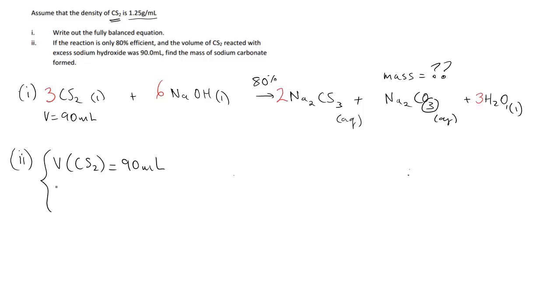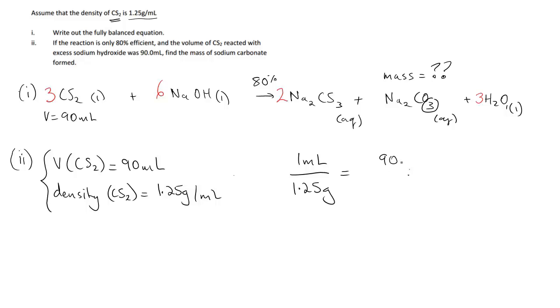And we also need to use the density of CS2, which is 1.25 gram per mL. And then the way we can use the densities, we can say that, okay, 1 mL of this solution weighs 1.25 grams, and we know that we have 90 mL of the solution, and we don't know how many grams we have.